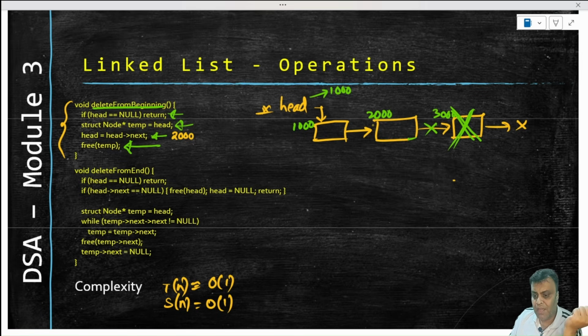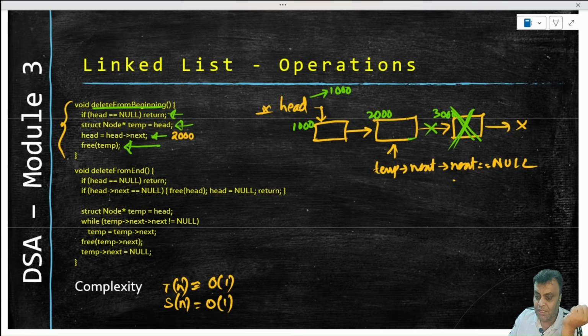So if my temp is pointing here, is temp arrow next equal to null? If temp is pointing here, then this next is pointing to another node. No, this is null. So temp arrow next equal to null means I will stop here. That's where we will start the loop.